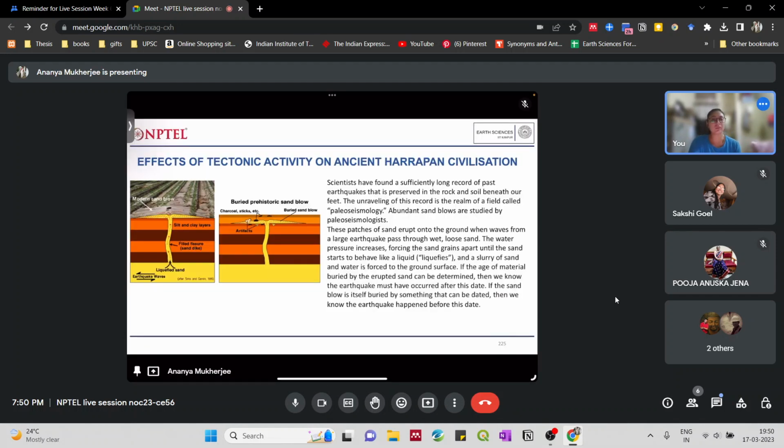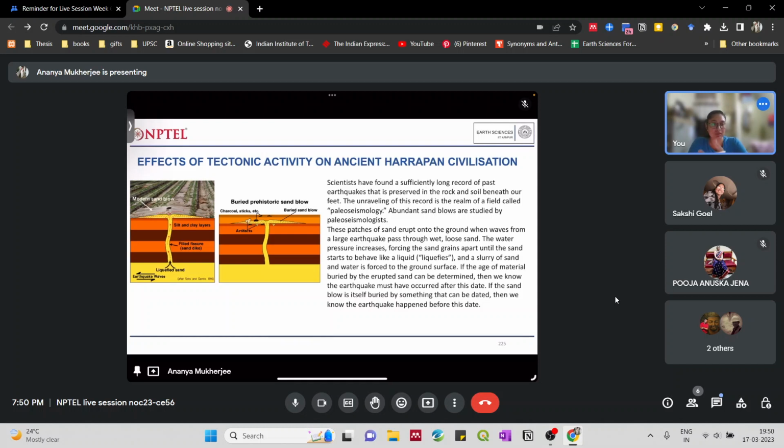So what are sand blows? These are patches of sand that erupt onto the ground when waves from a large earthquake pass through wet, loose sand. This is what we were talking about, liquefaction. The sand starts behaving like a liquid when an earthquake happens.